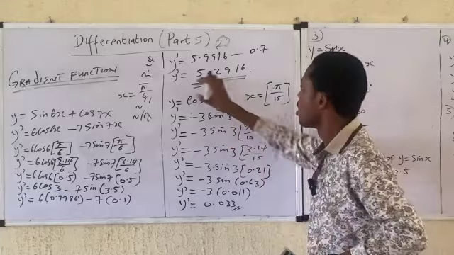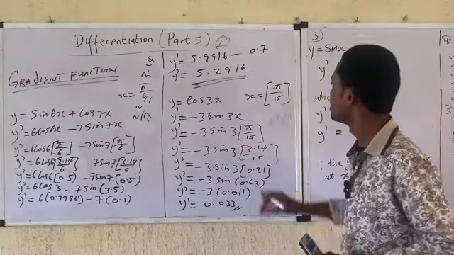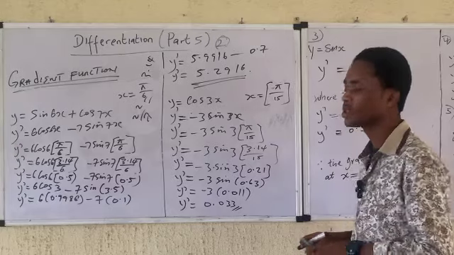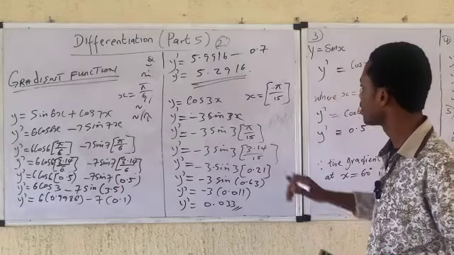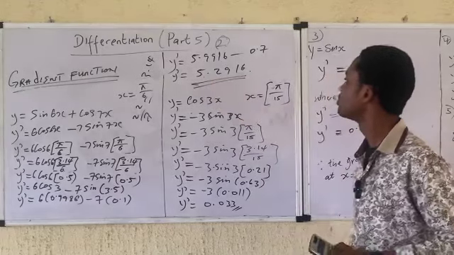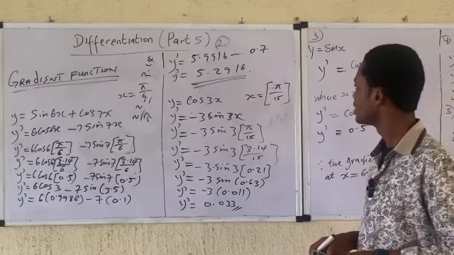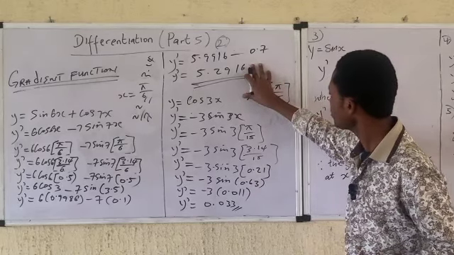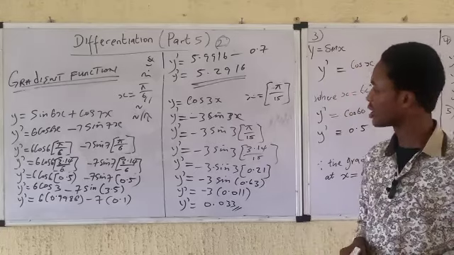Finally, y prime equals 5.9916 minus 0.7, which will give us 5.2916. This is our final answer.